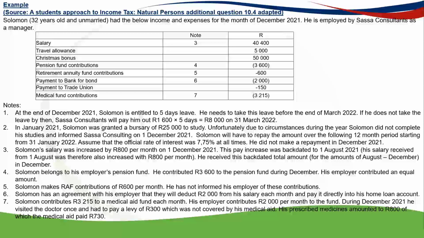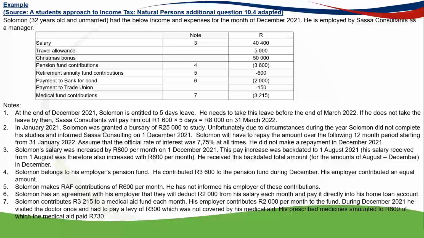Then we go back to our information on the table. The retirement annuity contributions are 600, and there is a note, note 5. When we go to note 5, they say that Solomon makes retirement annuity fund contributions of 600 per month. He has not informed his employer of these contributions.